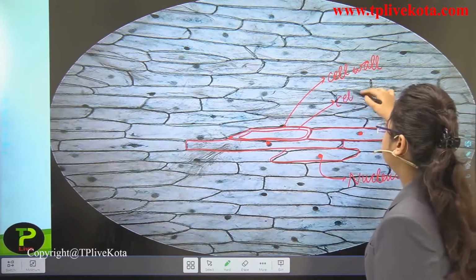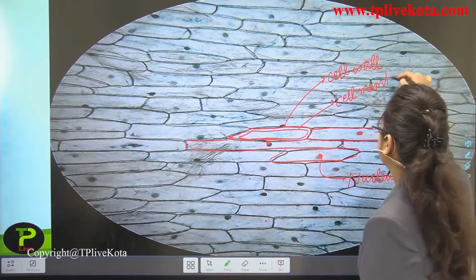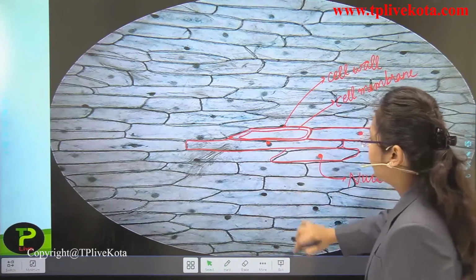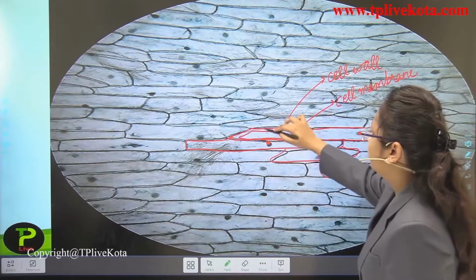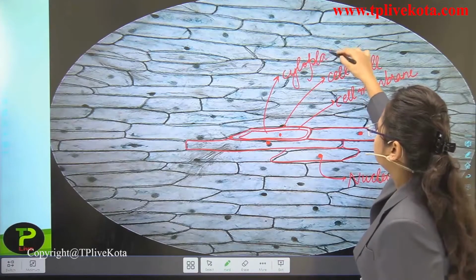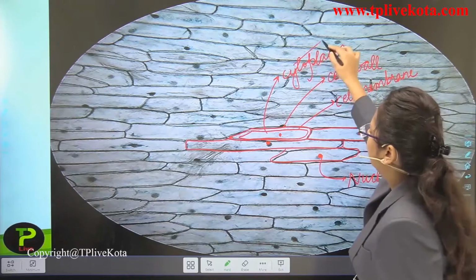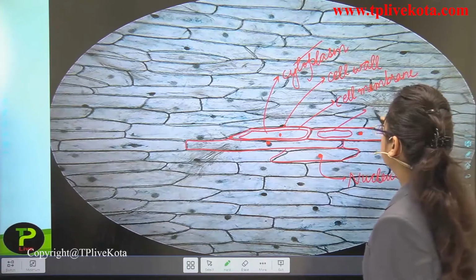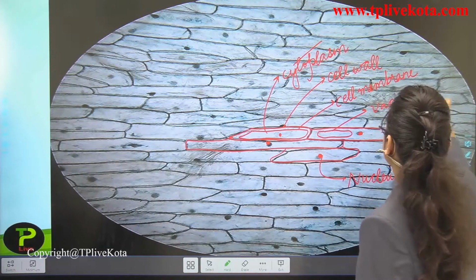So this is the cell membrane. The part which is present inside a particular cell is known as what? The cytoplasm of the cell. And large vacuoles are also present in it. So we can label it here.